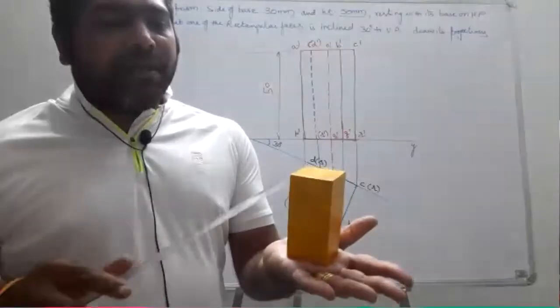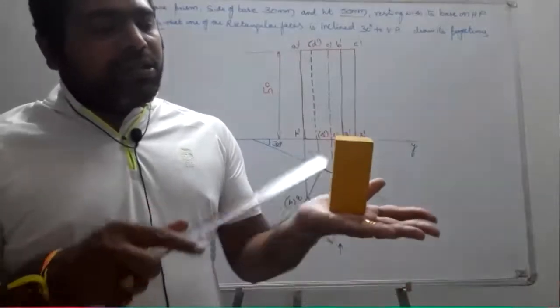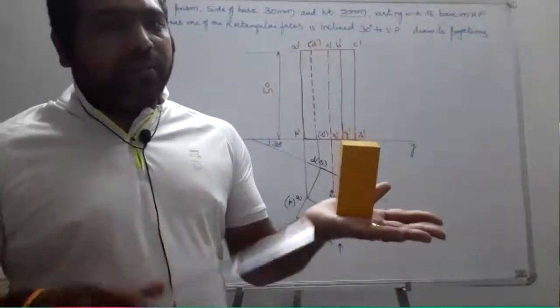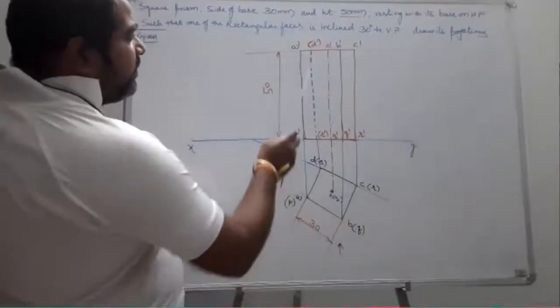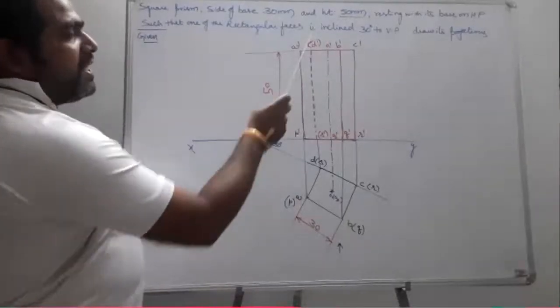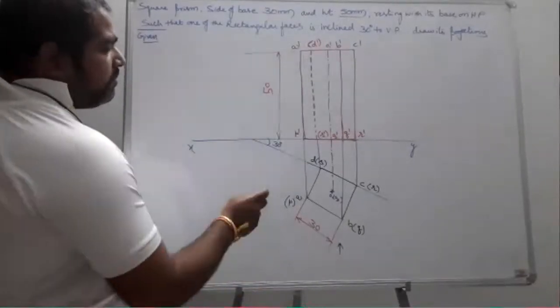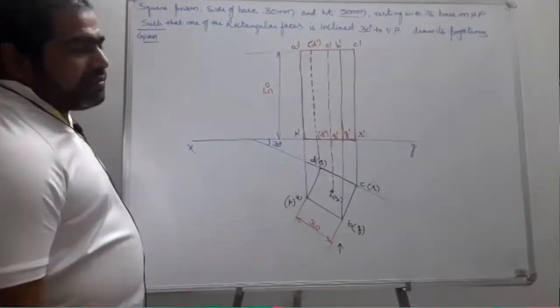Always you just remember that A should be joined with P only. Why? Because these two are going to coincide at the common point. Okay. So while you are going to see from the front, A dash, B dash, C dash are visible. D dash is invisible. Similarly, P, Q, R are visible. S is invisible. Okay.